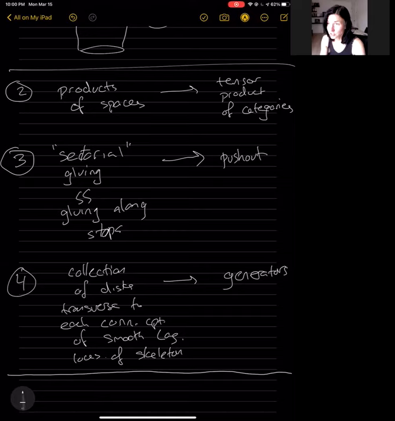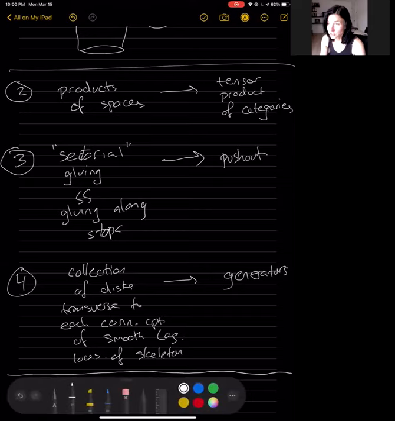Okay, so it's some prescription for figuring out what the generators are.